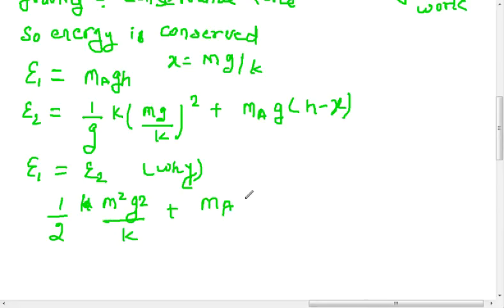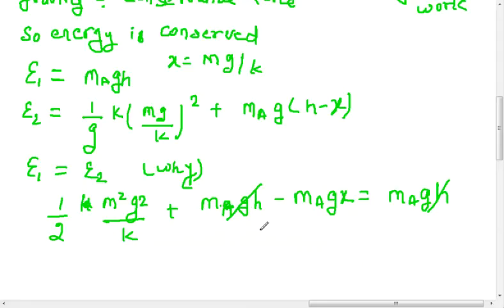Plus mgh minus mgx is equal to E1, which is mgh. So this mgh is going to cancel out.